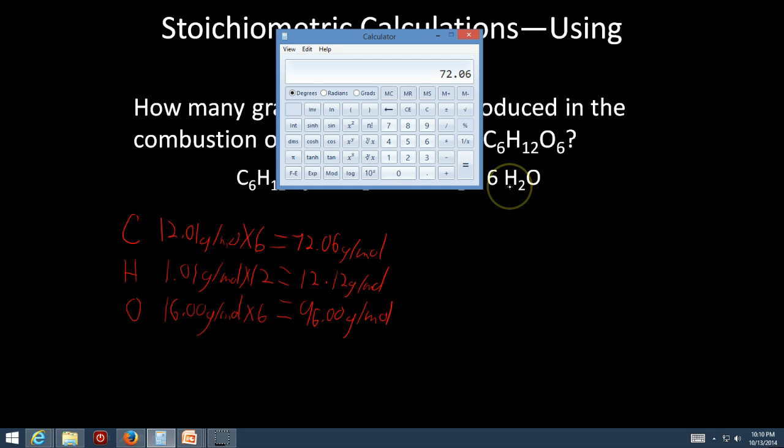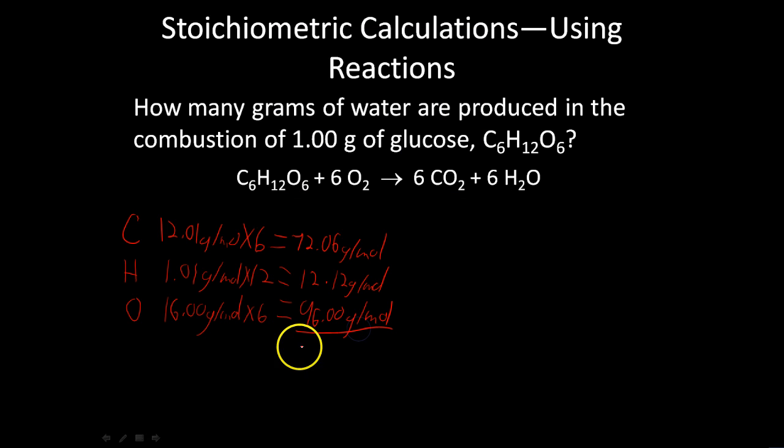There it is. So 72.06 plus 12.12 plus 96.00 is 180.18. So going to this, 180.18 grams per mole is my molar mass for this compound.